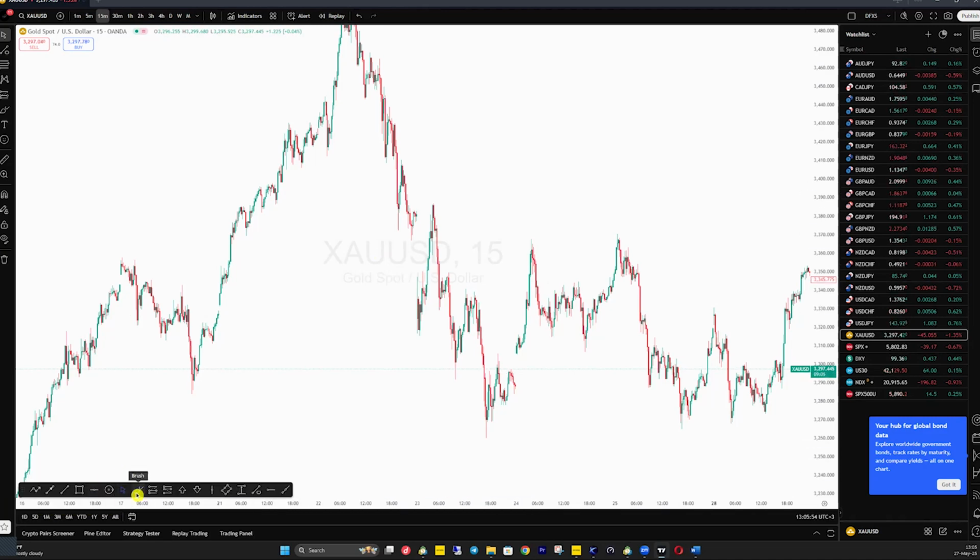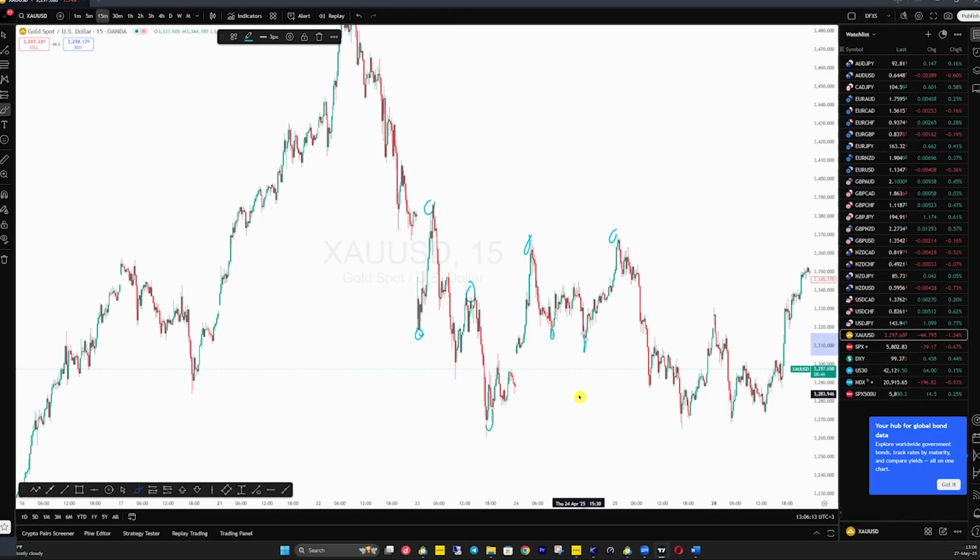Now, let's say for instance, someone will start saying, if it is a downtrend, this is a lower low, a lower high, lower low, lower high. Let's say, for example, lower low, lower high, a lower low, lower high, and a lower low.